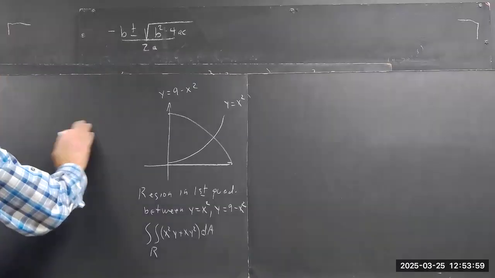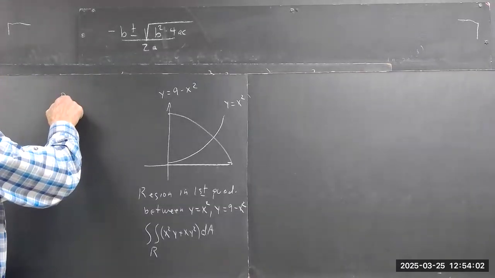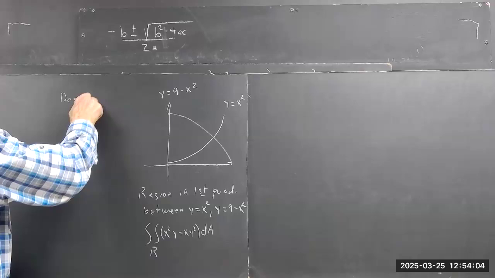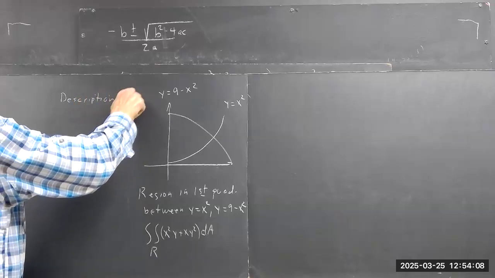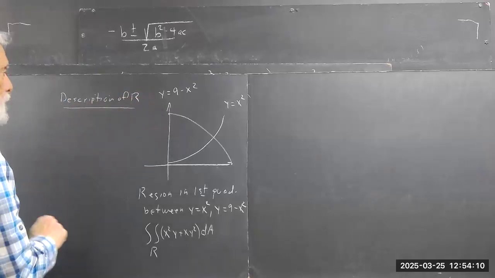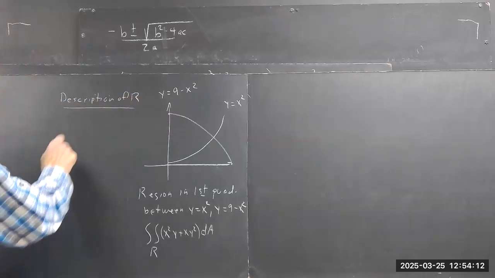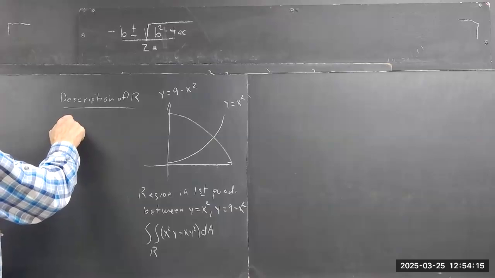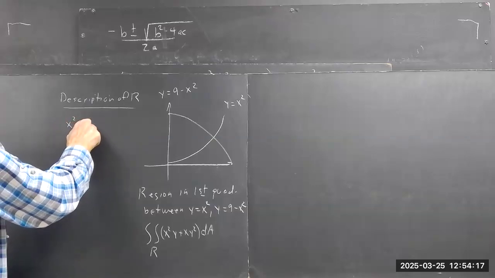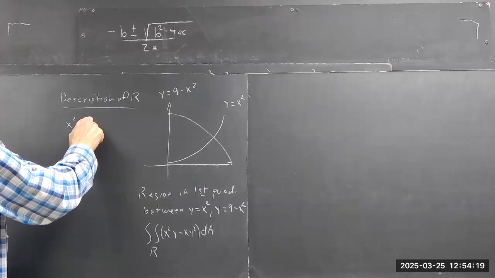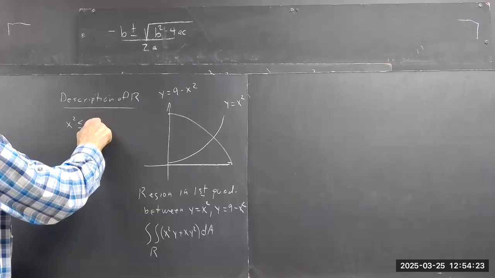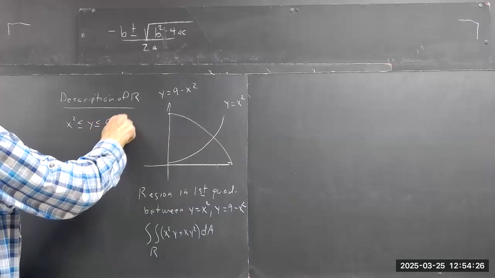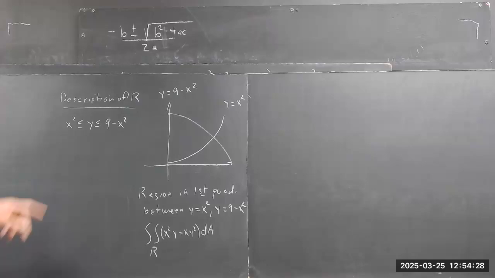I can describe the region in terms of inequalities. It's x squared less than or equal to y less than or equal to 9 minus x squared.